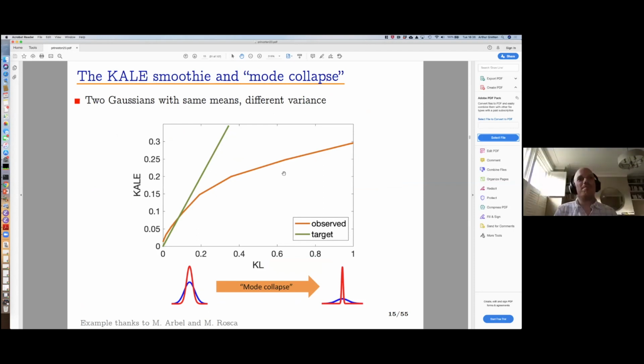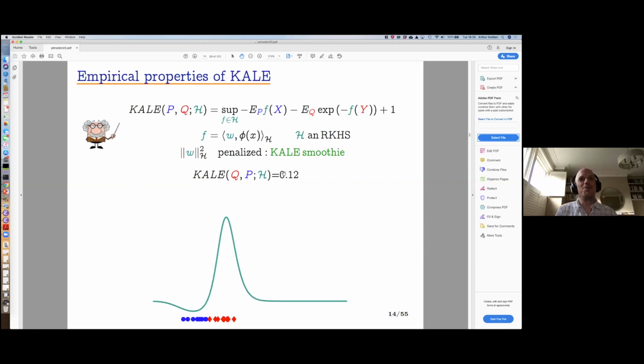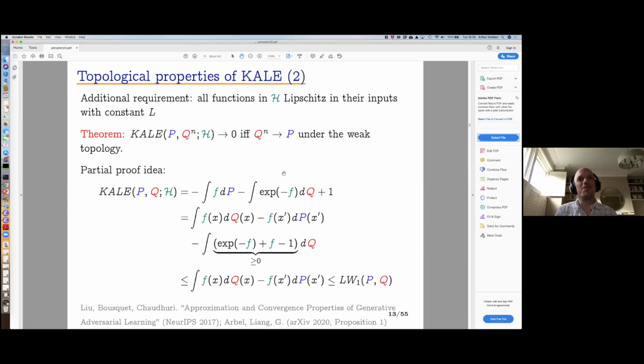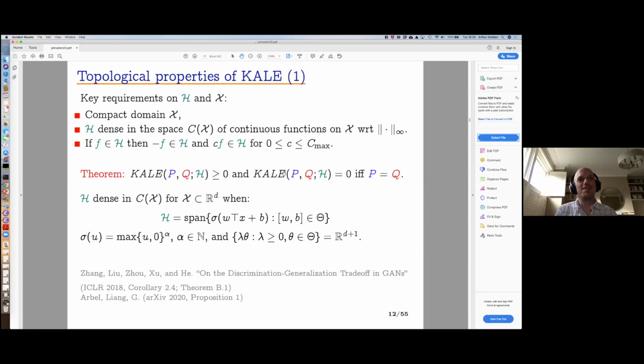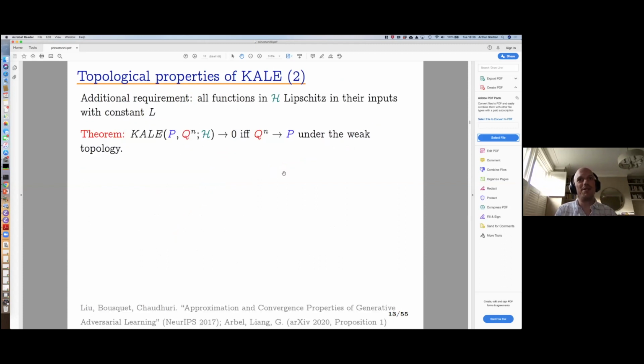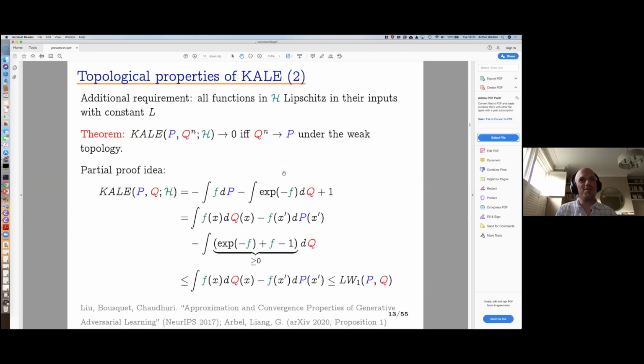Right. So in a sense, there are two things that work here. One is whether KL is 0 if and only if P and Q are equal. And for this, my function class needs to be dense in the space of continuous functions on the compact domain.